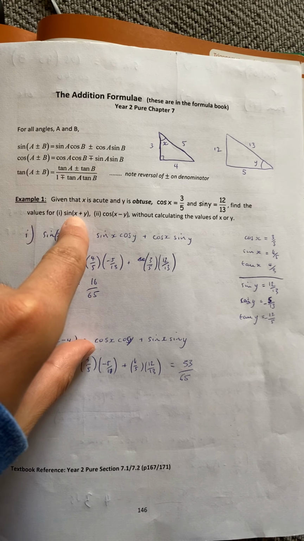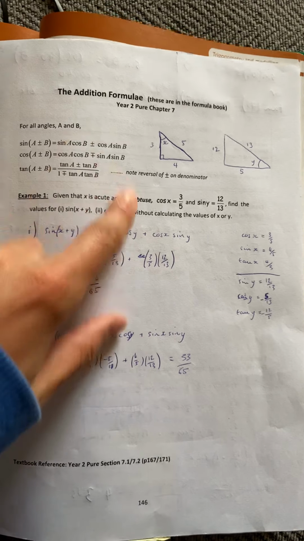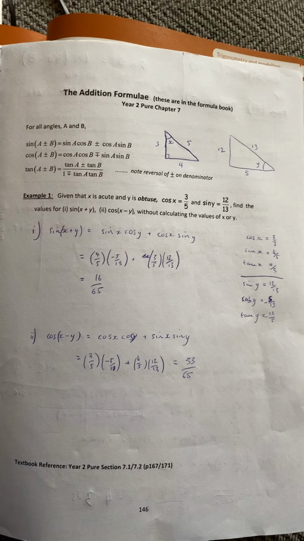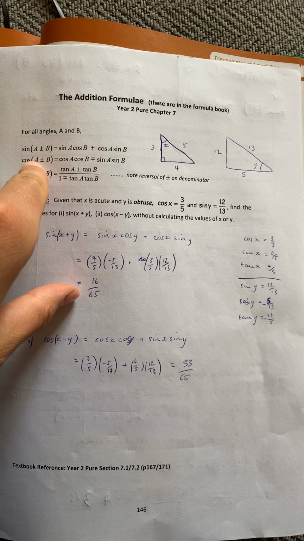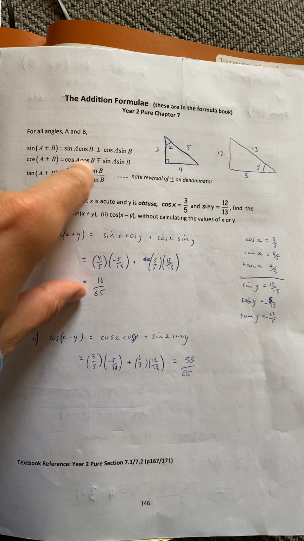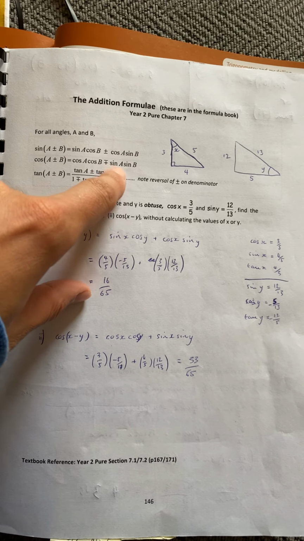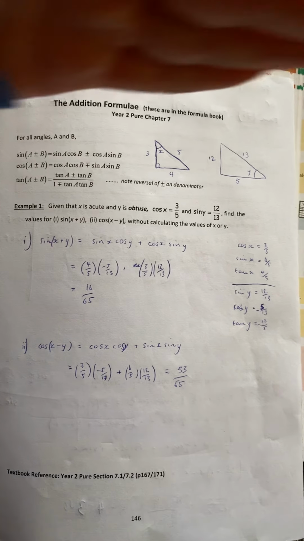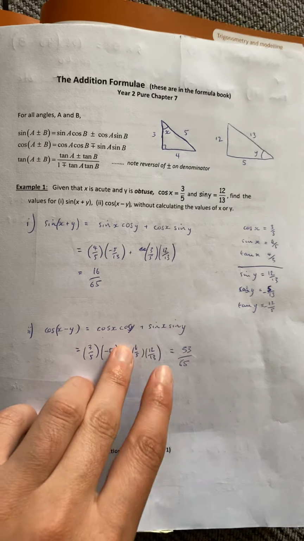So then you're going to get into situations. So these examples, hopefully, were fine. Just using the formulas. And just to point out, if you've got cos A add B, then you're going to have cos A cos B minus sine A sine B. It's kind of like in a row. So these should have been fine.